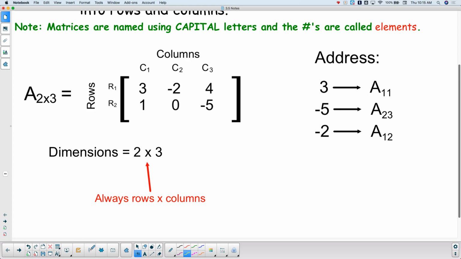So we write that as A sub 1,1. -5 has its own distinct address. It's in matrix A, row 2, column 3.